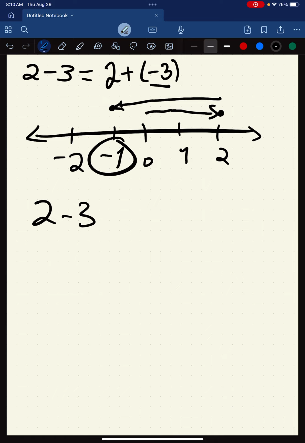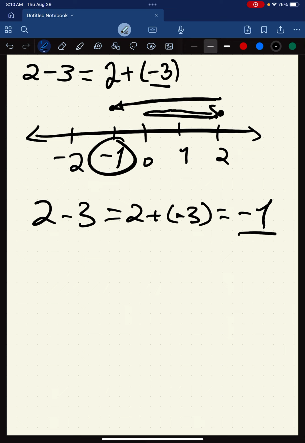So 2 minus 3 is equal to 2 plus negative 3, as we said before, which is negative 1. Let me say that again because I butchered it. Going to the right 2 and then going to the left 3 is the exact same thing as just going to the left 1.